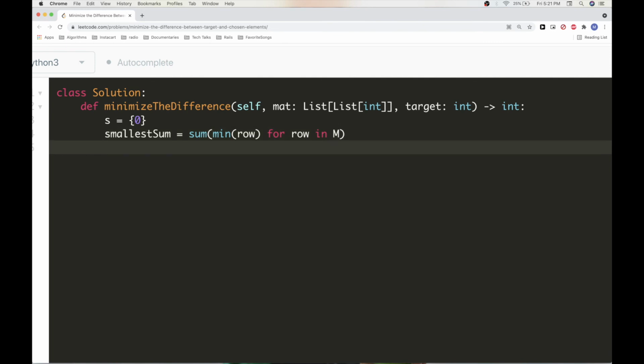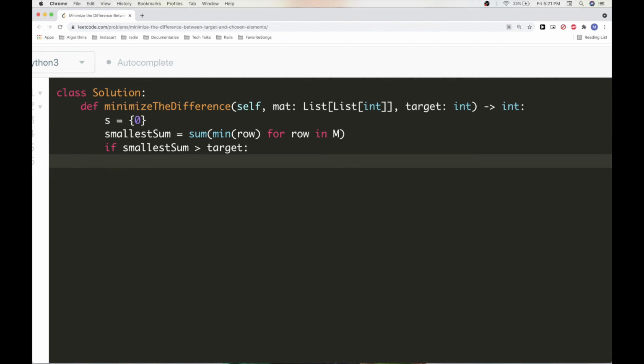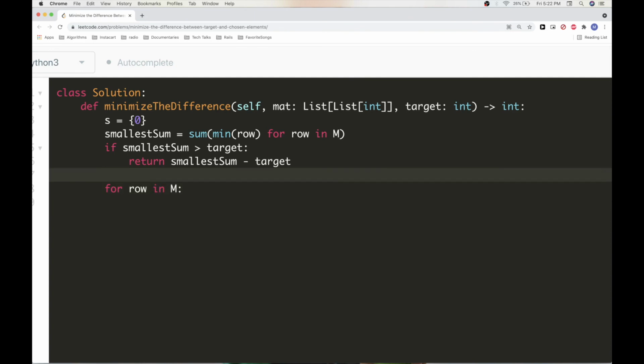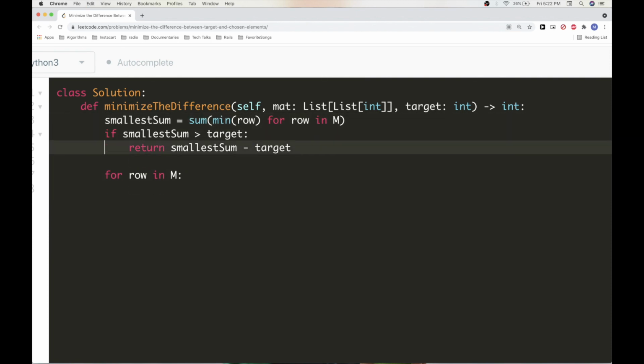And then we need to check if that smallest sum is bigger than target, then we are done, we can't do better, and so we'll just return it. Otherwise, we just do our for loop. And this is big S actually, and we don't need to initialize it until here.